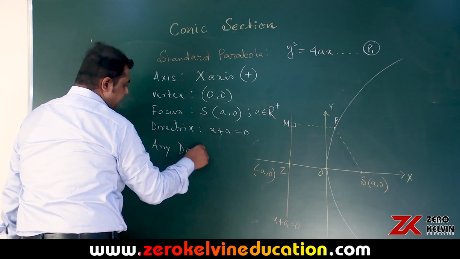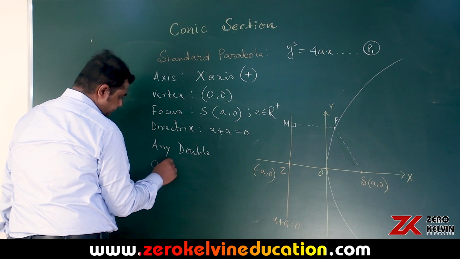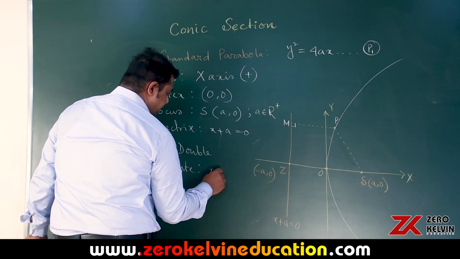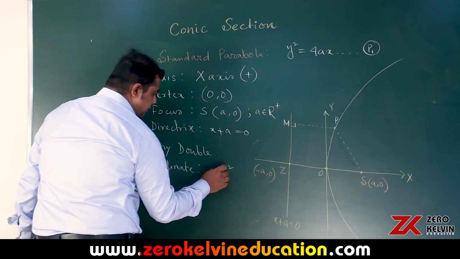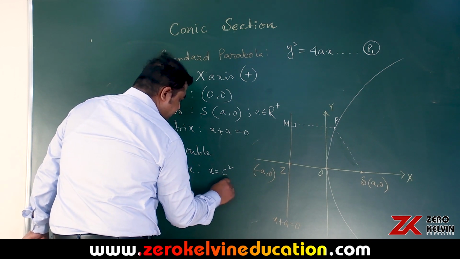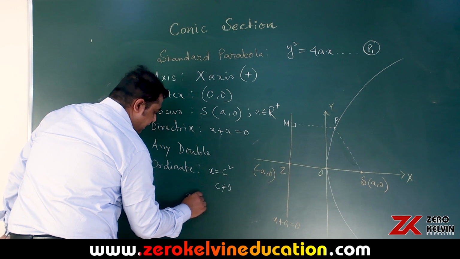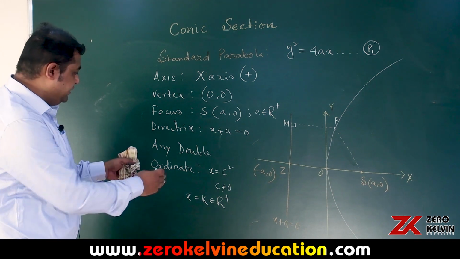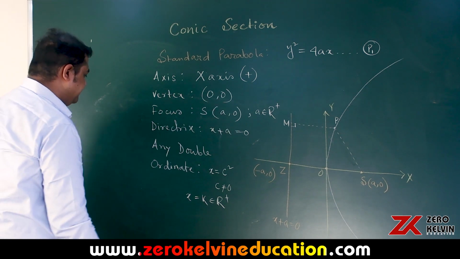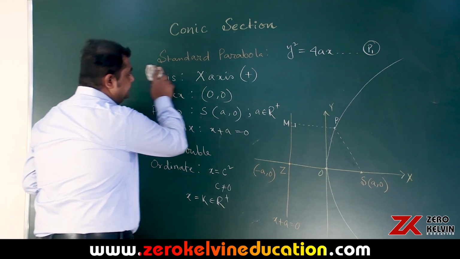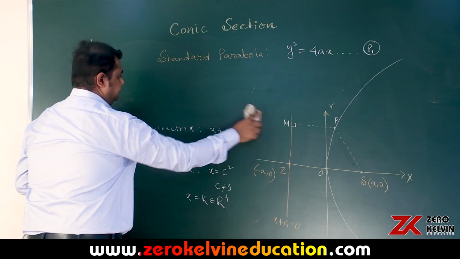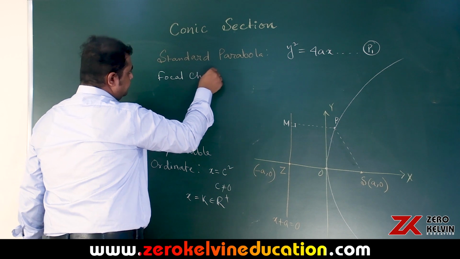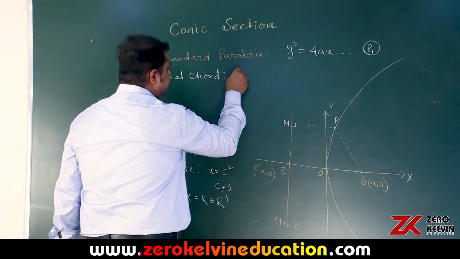Any double ordinate will be x equals to c square, c not equals to 0, or even we can mark it as x equals to k, where k is some positive real number, because for being a chord we need this line on the right side of y axis. For focal chord, we will have any line passing through the focus.